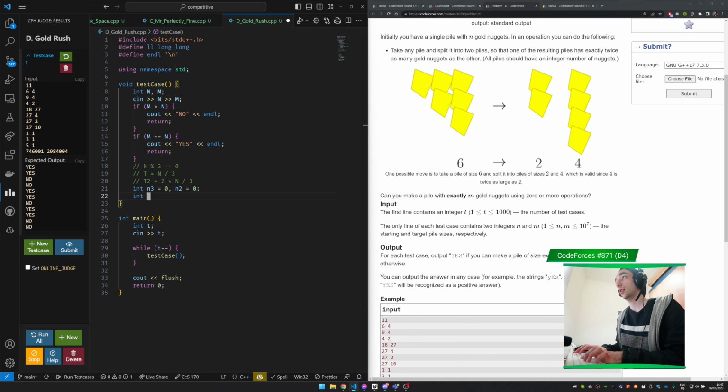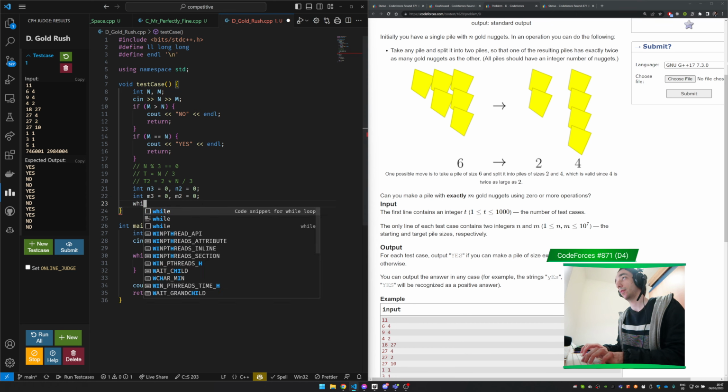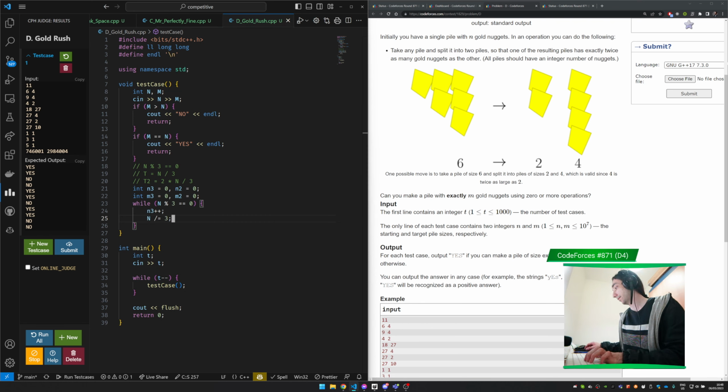and how many times does 3 occur. Essentially the other primes don't really matter. So I will just do this. While n is divisible by 3, I will divide it by 3.